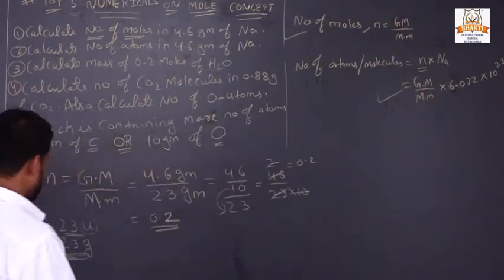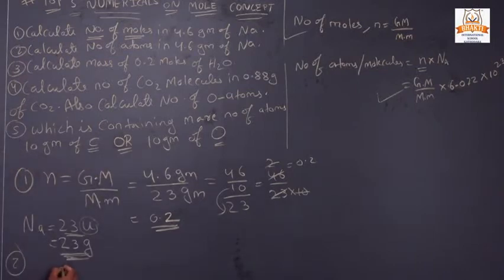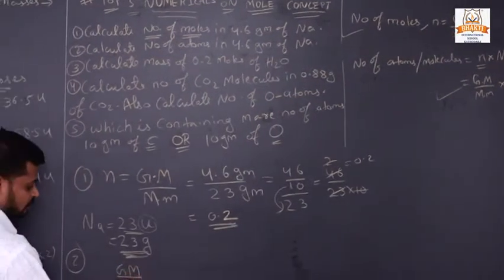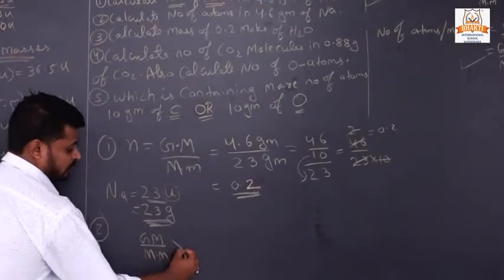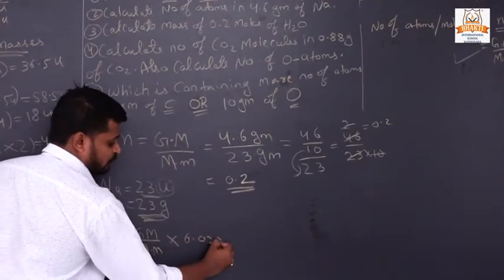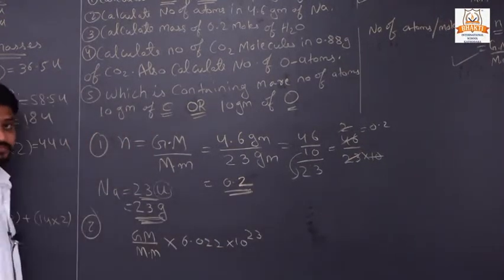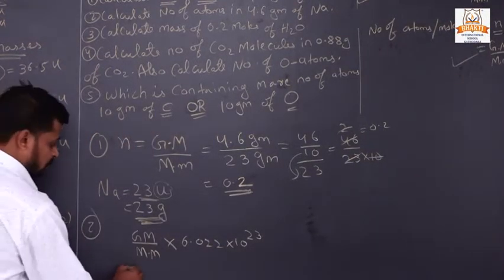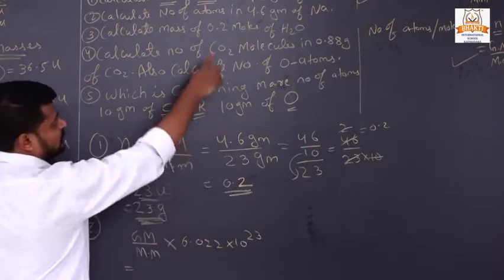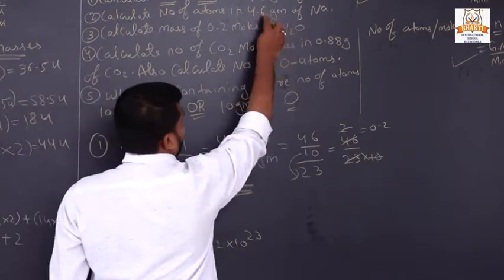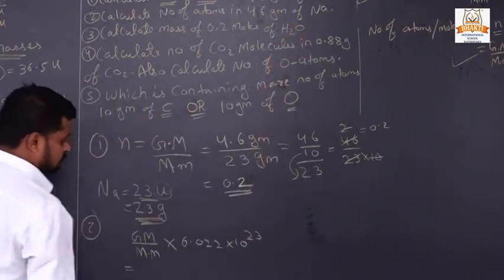In question number 2, given mass upon molar mass into 6.022 into 10 to the power 23. So what was the given mass? 46 gram, not 4.6, 46 gram.